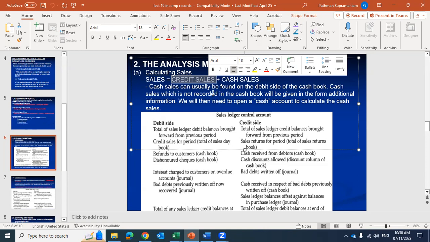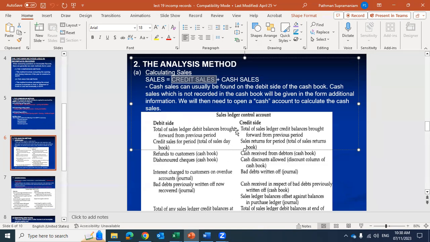Therefore, we need to use our knowledge learned in trade receivable to capture the credit sales without having to construct a trial balance. We will be given information on trade receivables like opening balance, closing balance, the amount received as payment from them, and any irrecoverable debts. Put in all the necessary information and we can calculate the credit sales.